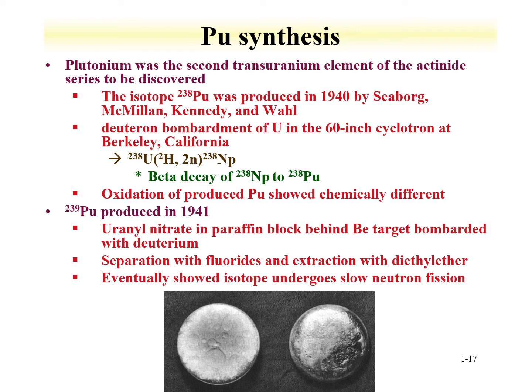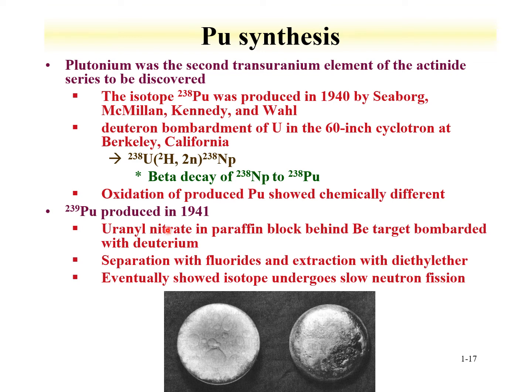Eventually, in 1941, plutonium-239 was produced, where uranyl nitrate in a wax was behind a beryllium target that was bombarded with deuterium, so a lot of neutrons. The paraffin block would thermalize, would slow down those neutrons. So the uranium-238, in this case, would absorb a neutron, make uranium-239.